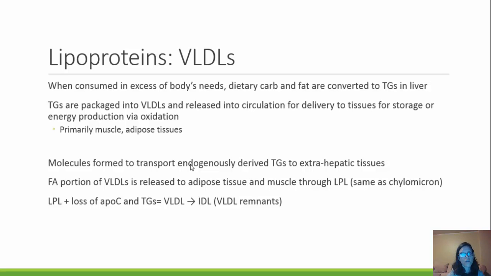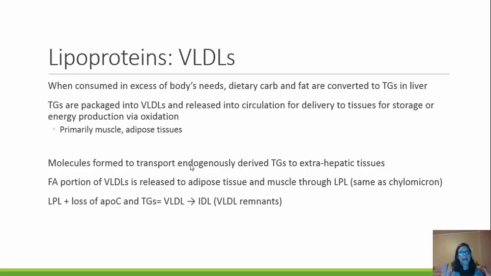So these VLDL molecules are formed to transport endogenously derived triglycerides. There are two different things going on here. We have our packaging of our exogenous triglycerides that go into the chylomicrons, which we already talked about.